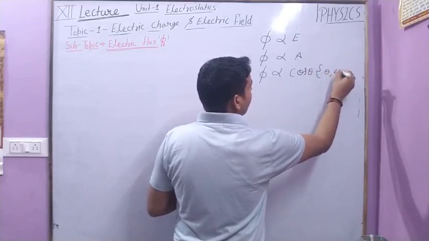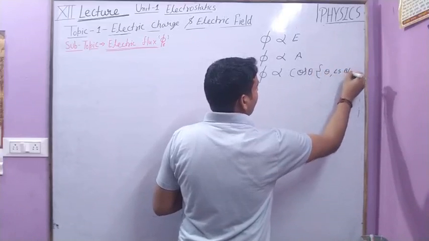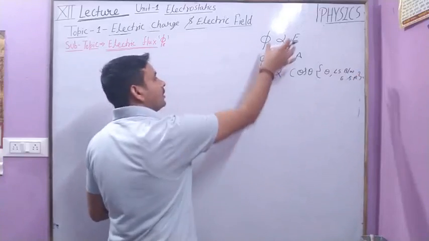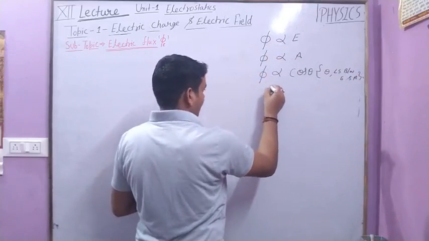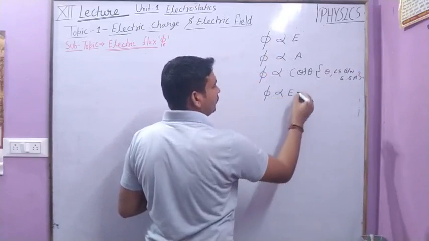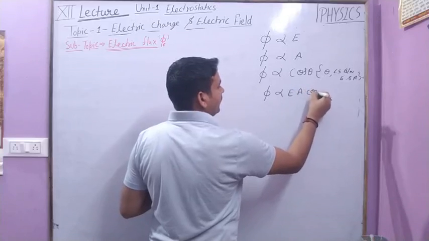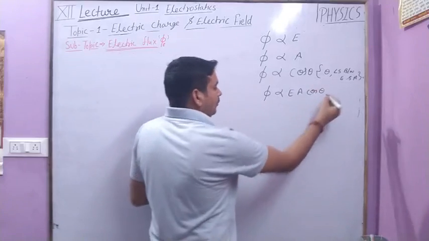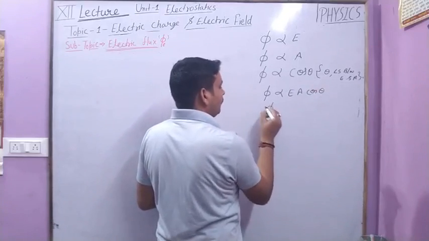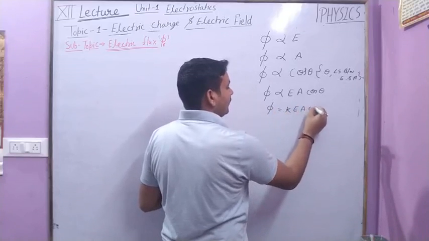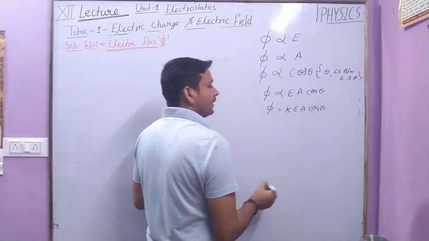Theta is the angle between E and A. On combining all three, we get phi is proportional to EA cos theta. So the value of phi is equal to K EA cos theta.